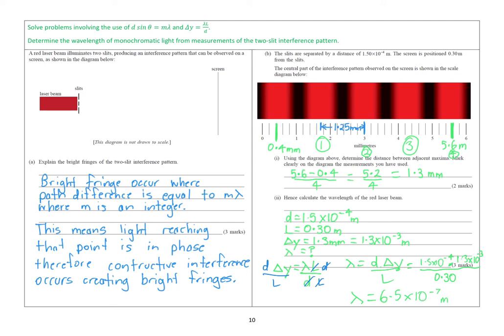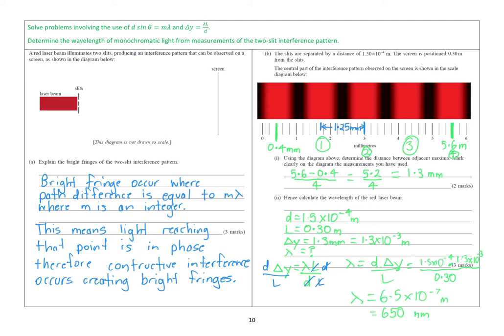If we convert that to nanometers, we times it by a billion, so that would equal 650 nanometers.